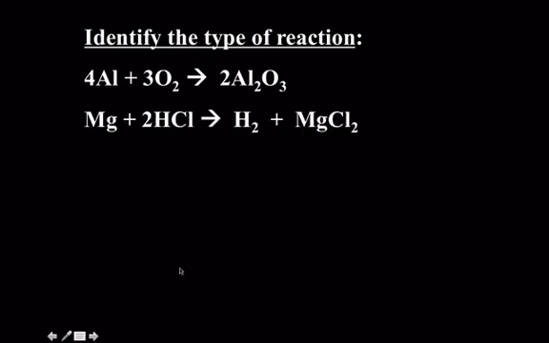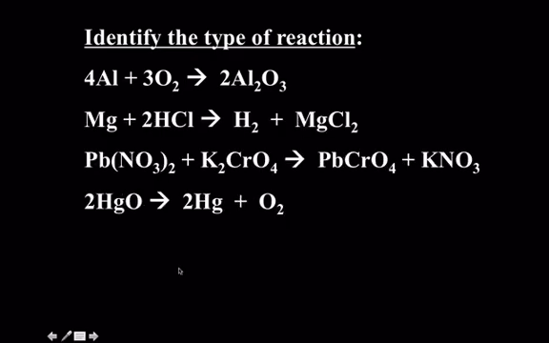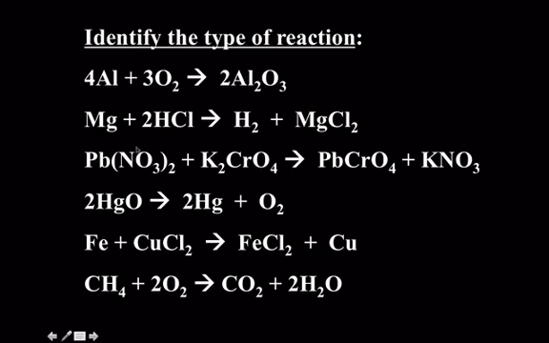Okay, so in this one they want you to identify the type of reaction. What I look for are just the keys for everything that we just talked about. Since this one only has one product, that tells me that this must be a synthesis reaction. If I look at this one, I have an element and a compound giving me an element and a compound.